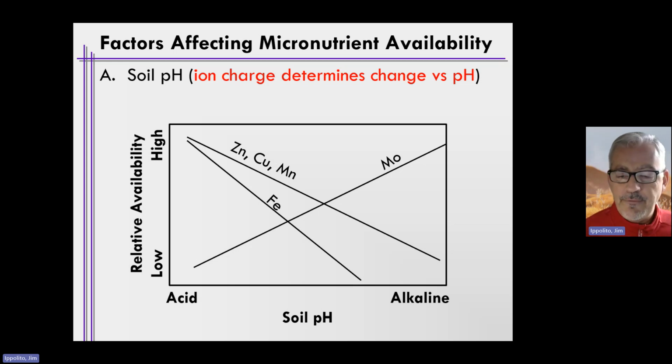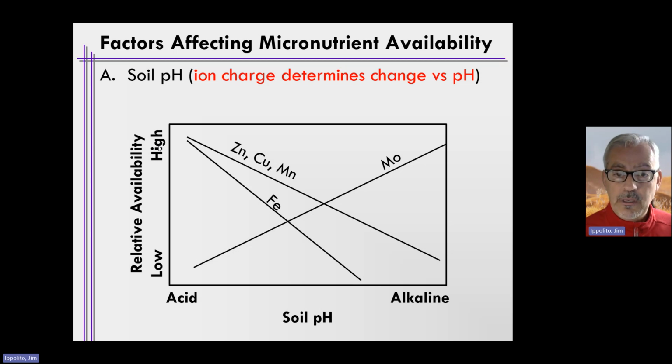So in front of you, you have a figure that shows soil pH on the x-axis, going from left to right, acidic to alkaline, and the relative availability on the y-axis from low availability on the bottom to high availability at the top.